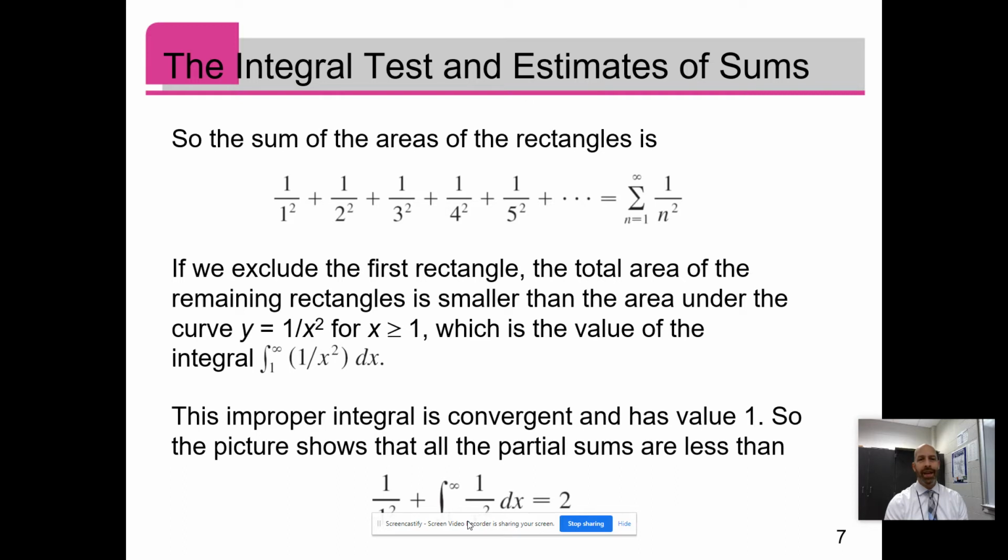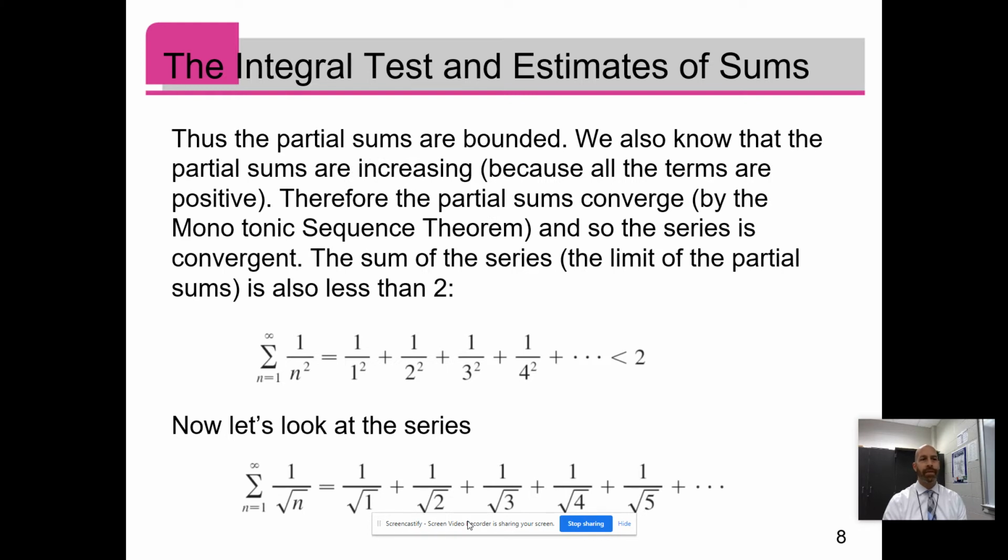So the claim is that the sum, excluding the first rectangle, has to be less than or equal to 1 if you think about it that way. The curve has an area, once you get past 1, of exactly 1. That first rectangle had an area of exactly 1.